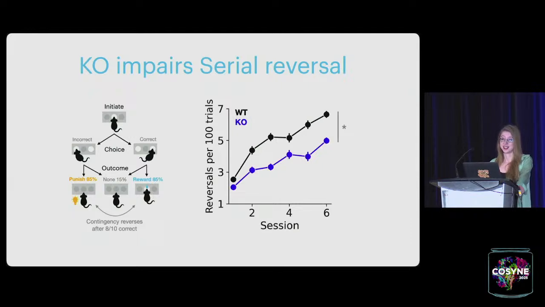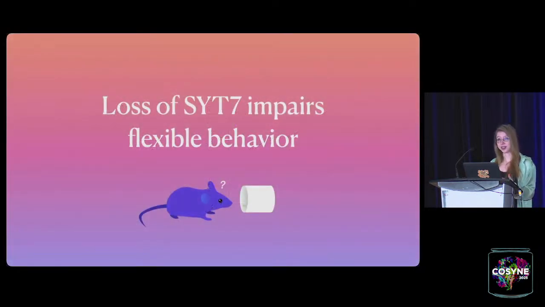So we're seeing that a knockout of SYT7 impairs reversal learning on both these longer timescales and these short timescales. Altogether, suggesting that while the basic ability to learn has remained intact, the flexibility to update or discard established associations seems to be impaired when synaptic facilitation has been globally disrupted.